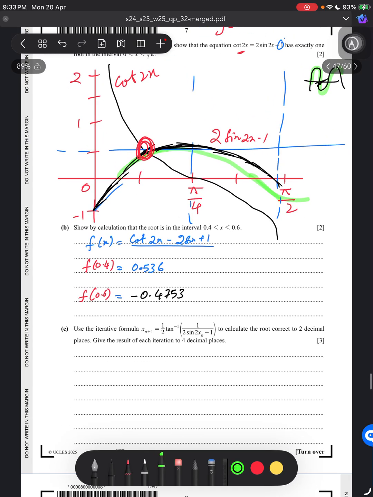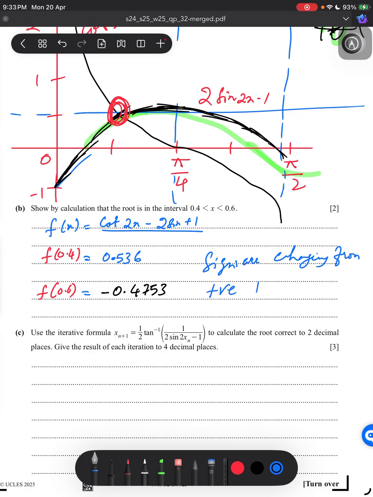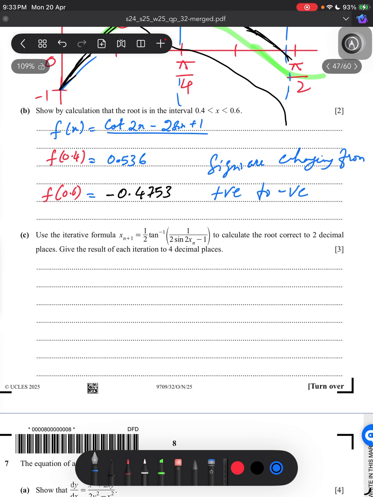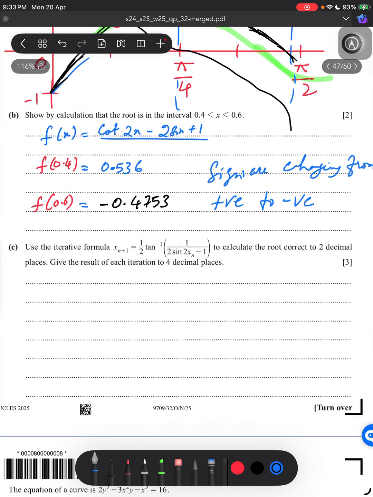So this proves that the signs are changing from positive to negative. So the iterative formula can be used for this.